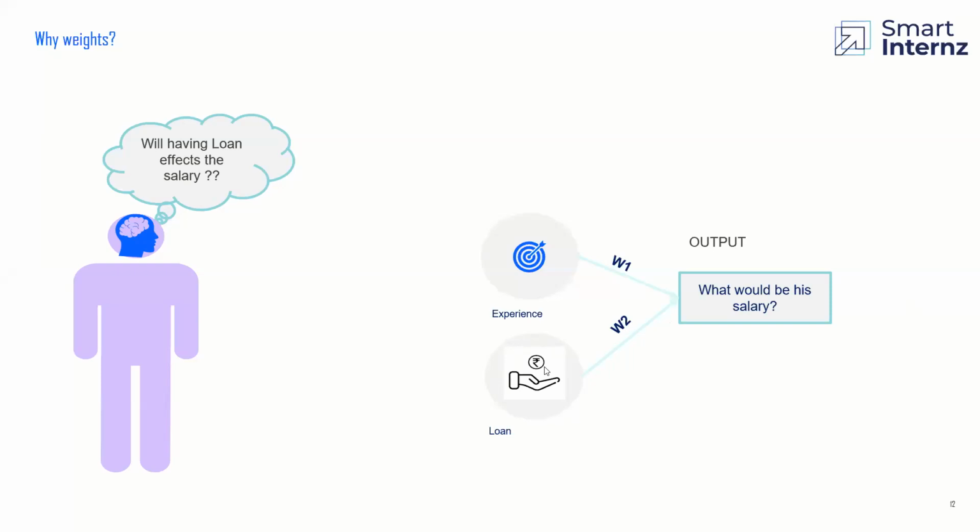We were talking about this a few minutes back: based on the weights, it will be decided whether an input will be selected as an input feature or not. So in this case, experience is taken as an input, but loan we will not take, because loan will not affect the salary.